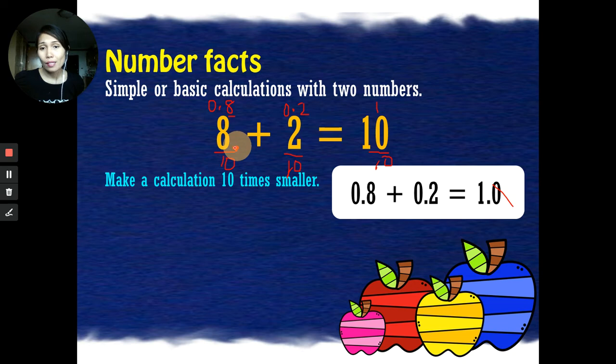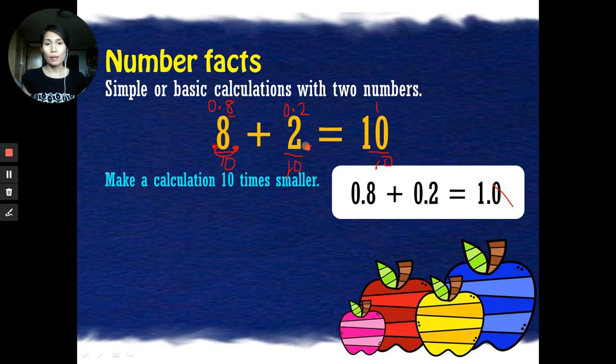So if you divide this by 10, that means you move one digit to the left, one place. So the decimal is now placed on the left side of 8. Now we do the same with 2.